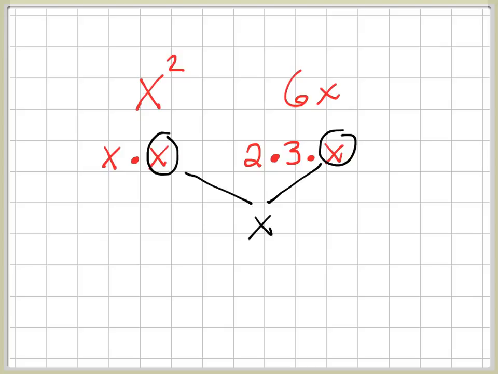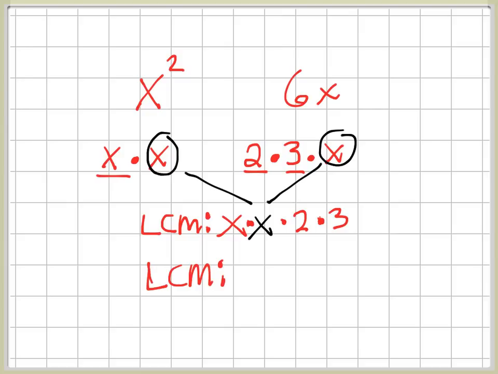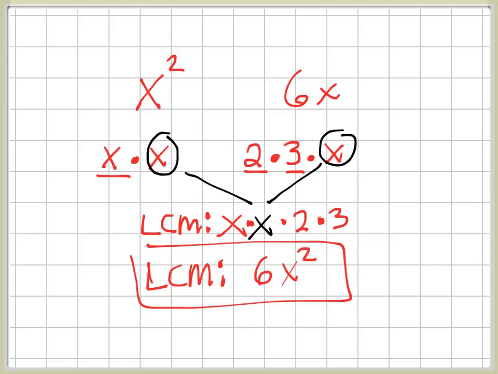And then I multiply everything else, times the x, times 2, times 3, and what my LCM is, 6x squared. Okay? So again, we take the matches and everything else.